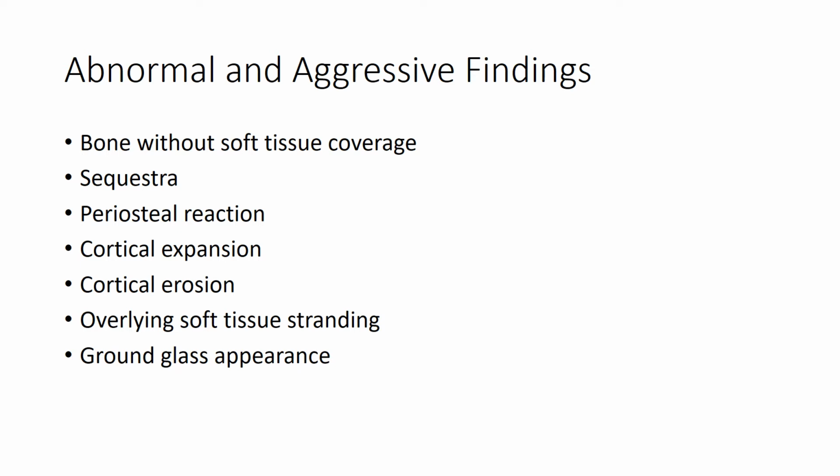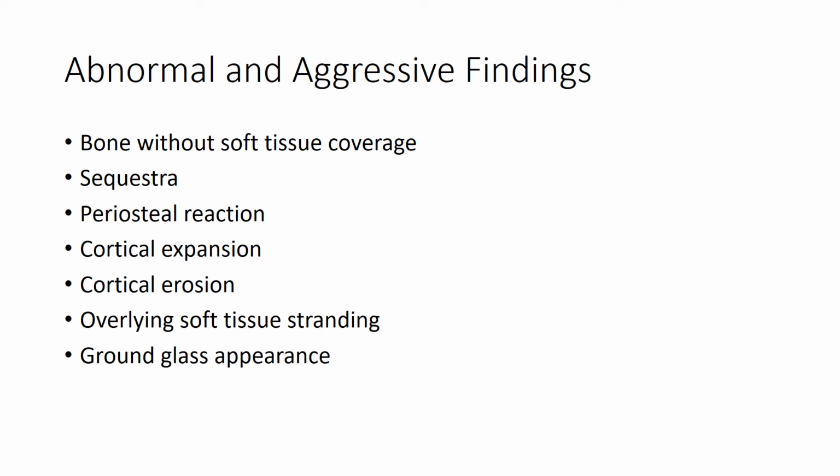This usually is more of a clinical diagnosis than an imaging diagnosis. A sequestrum is usually a spicule of bone that is detached from the mandible. A periosteal reaction, this is more of a soft call. You can have periosteal reactions in non-aggressive processes, but it could also be seen in an aggressive process.